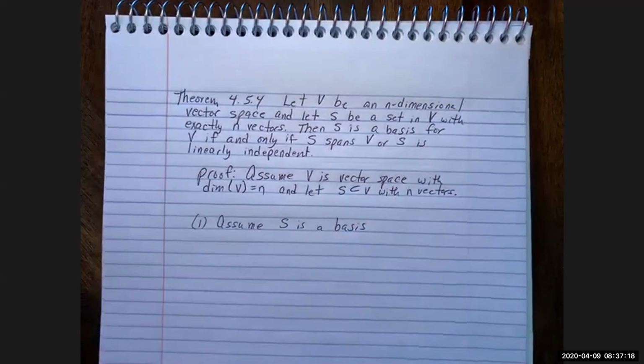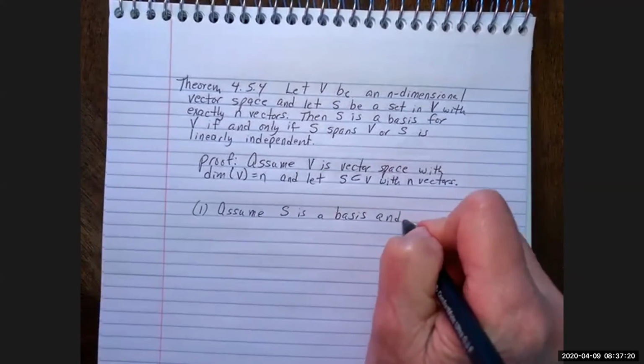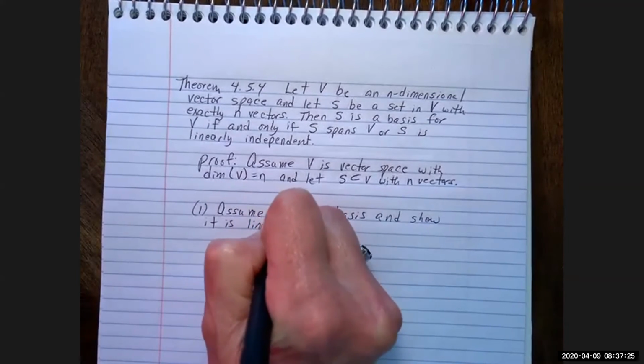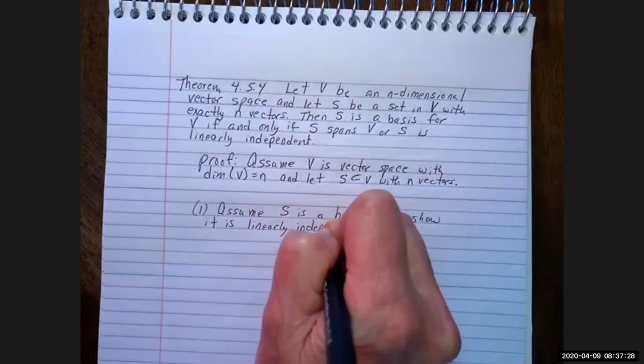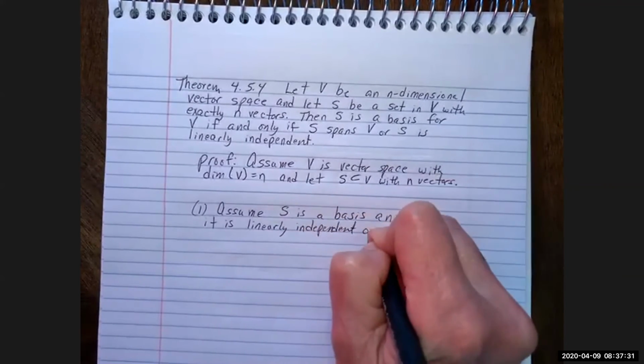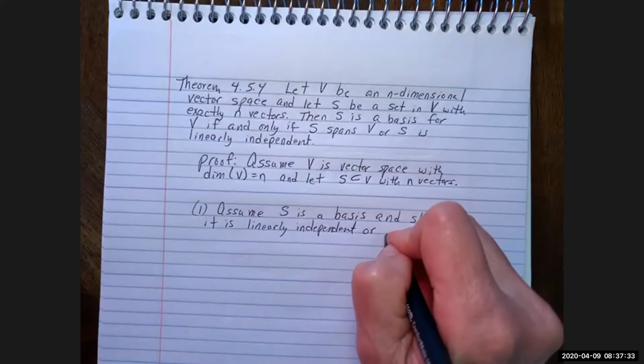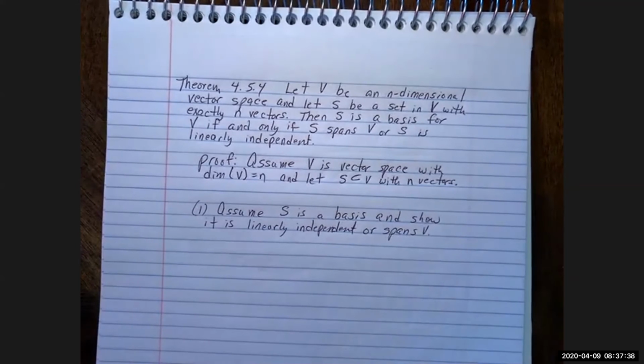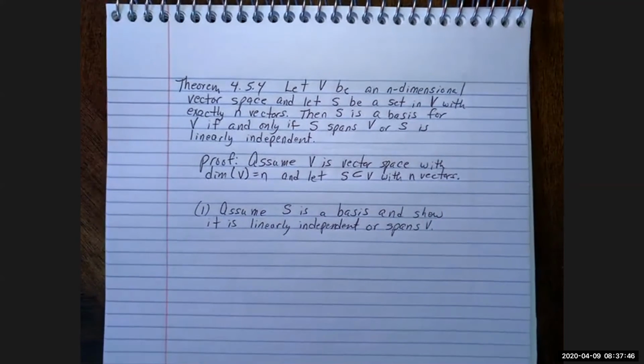So our first step is to assume S is a basis and show it is linearly independent and spans V. Oh, I did it in reverse order. That's all right. This one should be really simple.